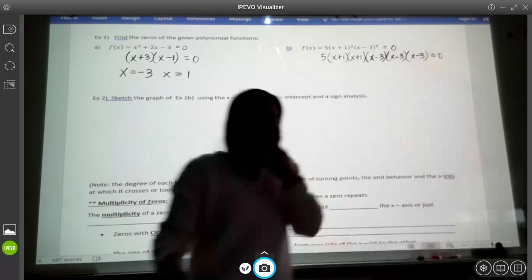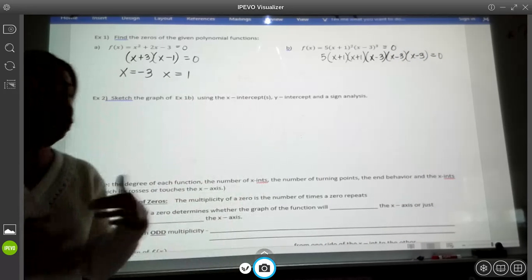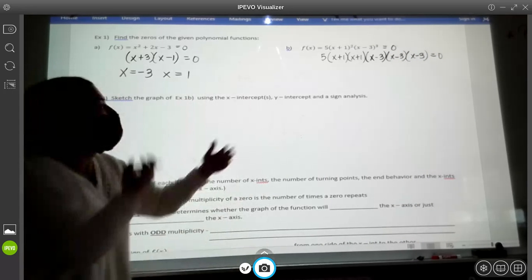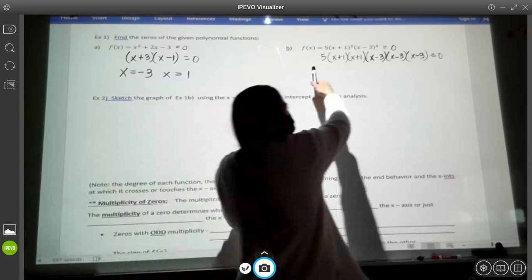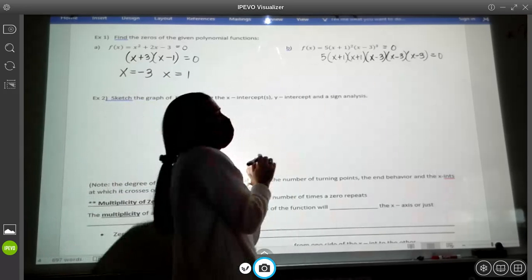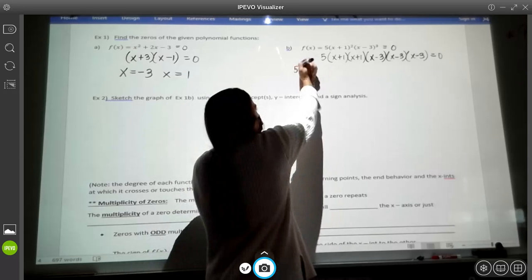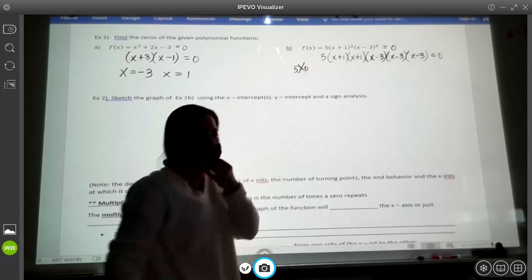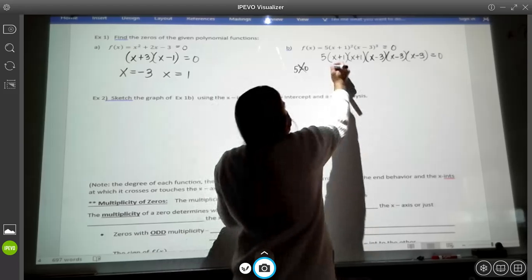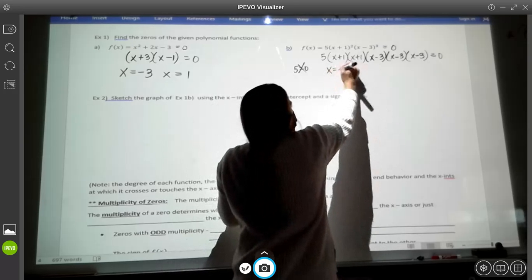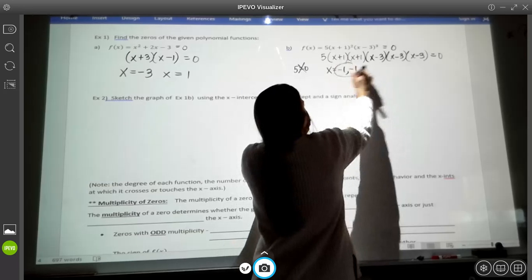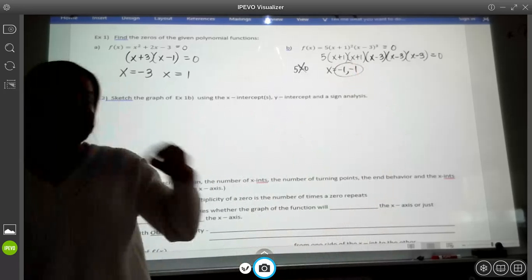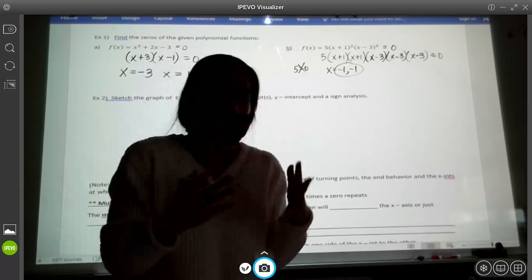So when it comes to recognizing the multiplicity of a 0 or an x-intercept, you have to pay attention to the power that is on that factor. So when you go to solve this, when you set all your factors equal to 0, if I set 5 equal to 0, it doesn't get me an x-intercept or a 0. If I set x plus 1 equal to 0, I get -1. If I set that factor equal to 0, I get -1 again. So -1 is an x-intercept that has multiplicity of 2.